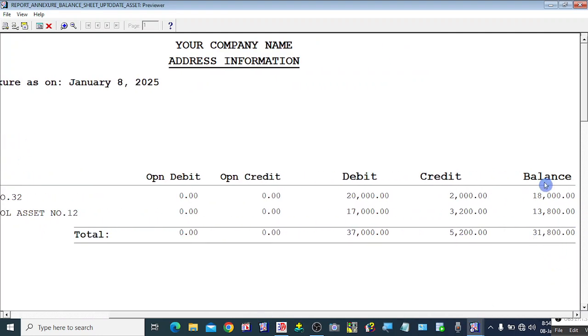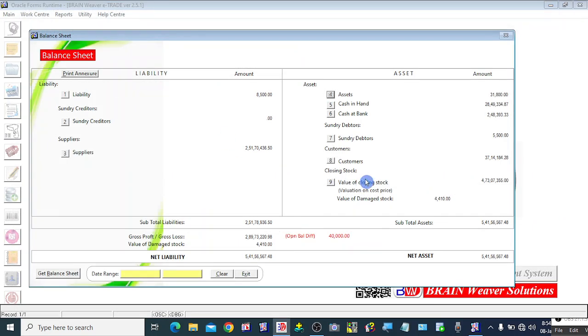Here also we can see the total asset breakup is 31,800. In this way, you can generate the profit and loss account, trial balance, and balance sheet in Brainweaver's e-trade retail management system.